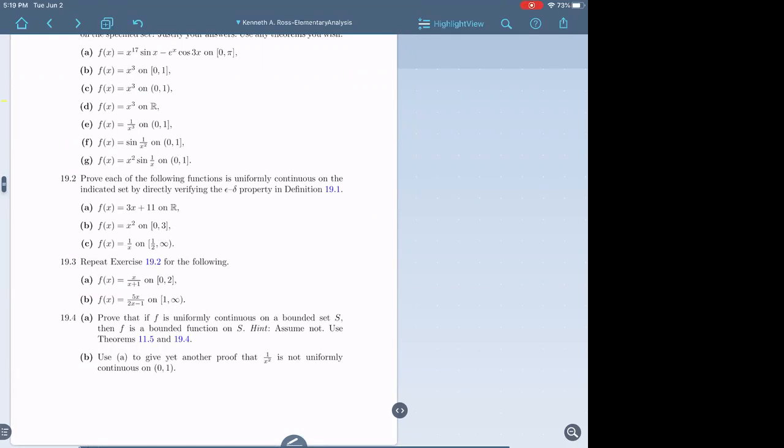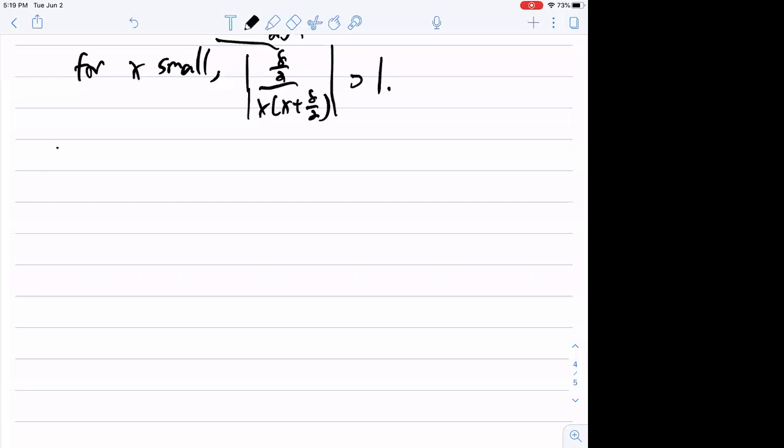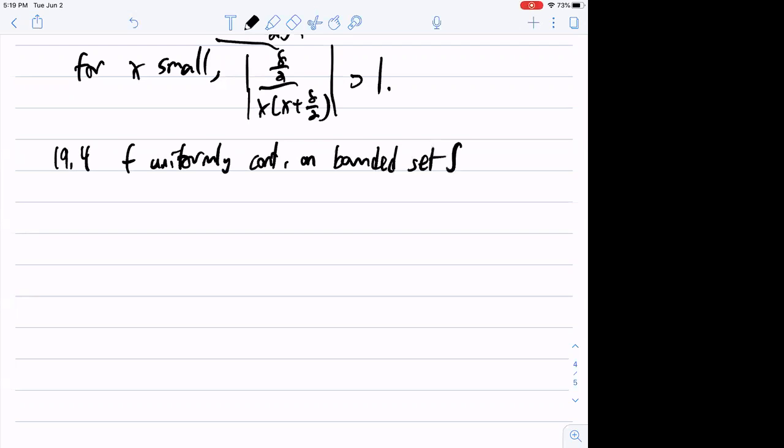Prove if F is uniformly continuous on a bounded set, then F is bounded on S. So F uniformly continuous on bounded set S, right? So prove F is a bounded function. Okay, any ideas?